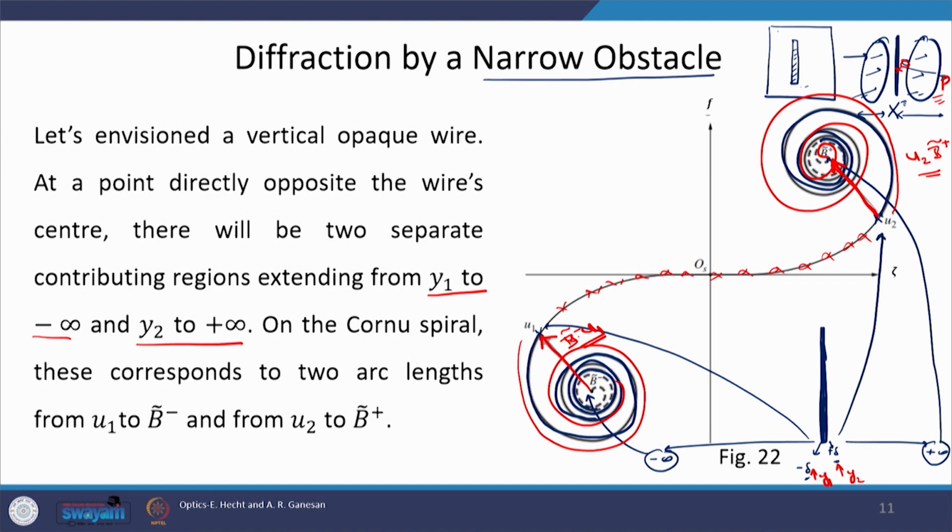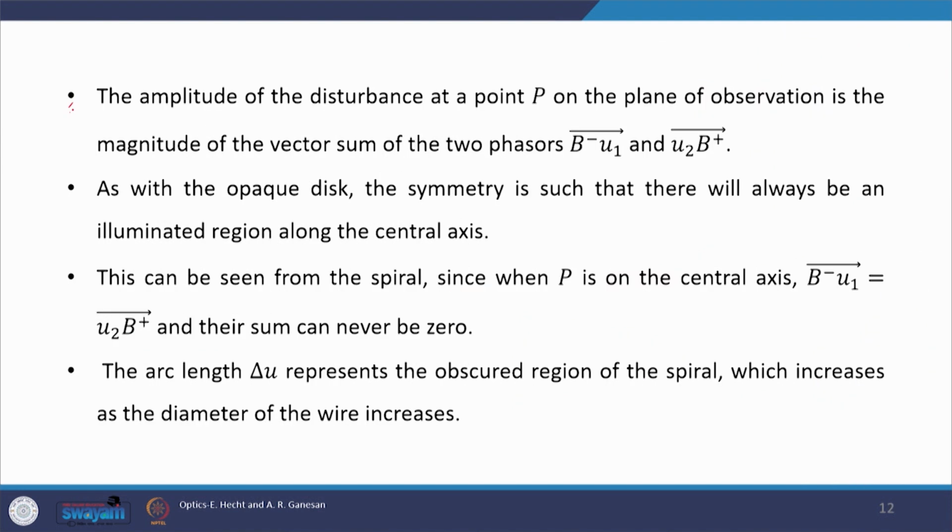Now, as you can see from the figure, from the geometry, that they will never add up to 0. You will always see some finite value of irradiance at the point of observation P as long as it is symmetric. There are a few points which we should note.